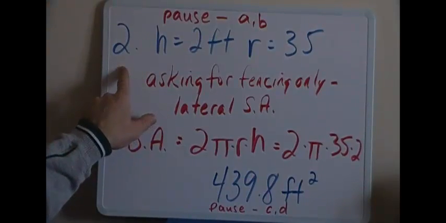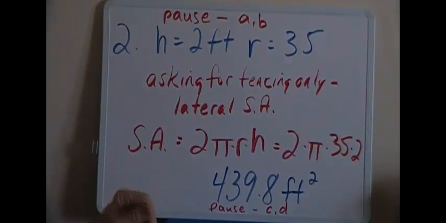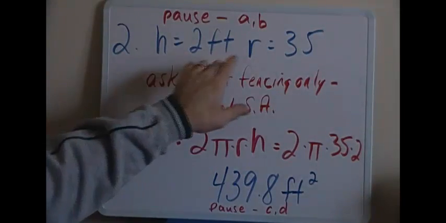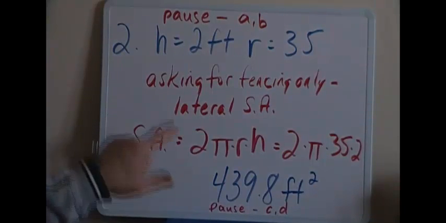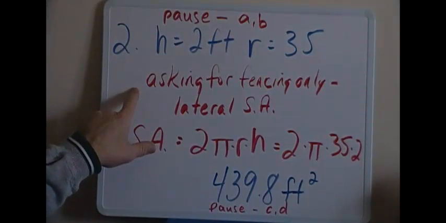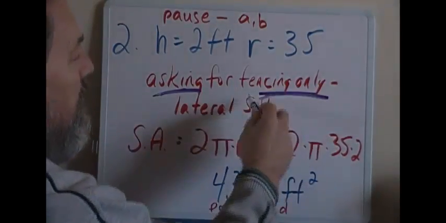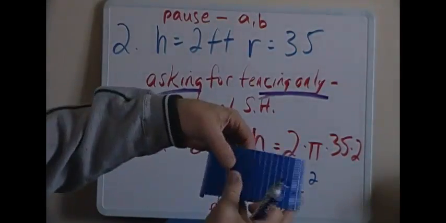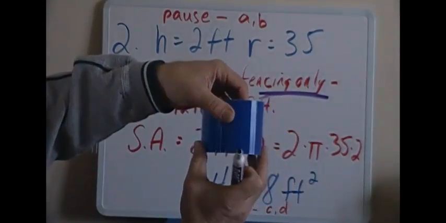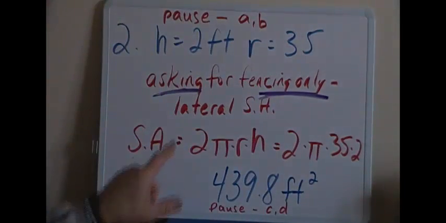Problem number 2, they give you a height. I listed height first here because they put height first in the word problem, and then they also give you the radius of 35. But it's key to notice that they are asking for the fencing only. In other words, they are asking for this part of the circle, just the fence around the circle. What is the area of that fence?